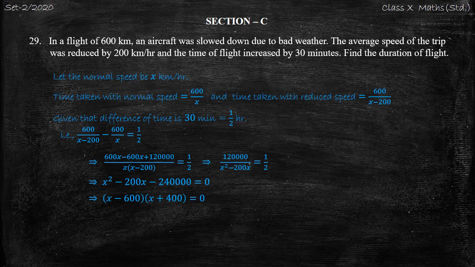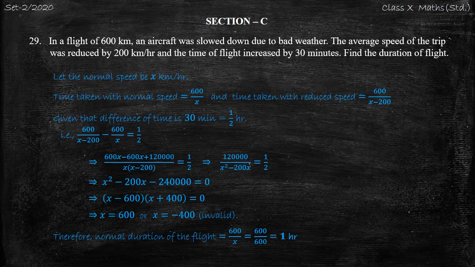You will get x is 600 and minus 400. You cannot have a negative speed, so take 600. So the normal speed you got, and now the duration is distance over speed, which is 1 hour.